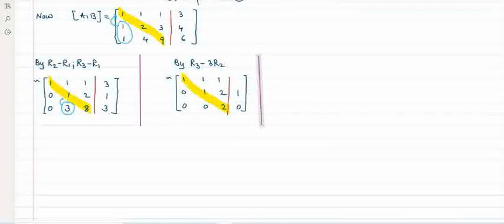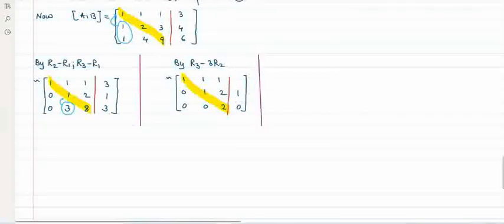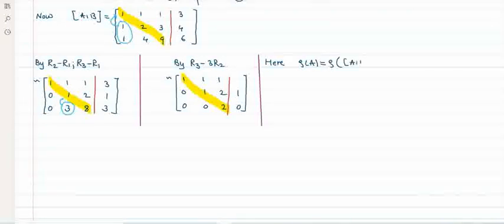So that part I will mention here. Rank of A is equal to rank of AB, and that is equal to 3. And how many unknowns are there?